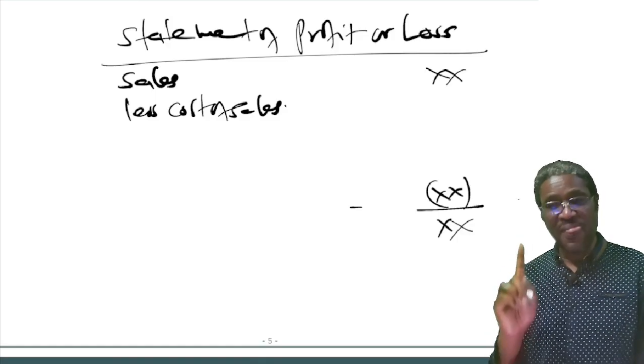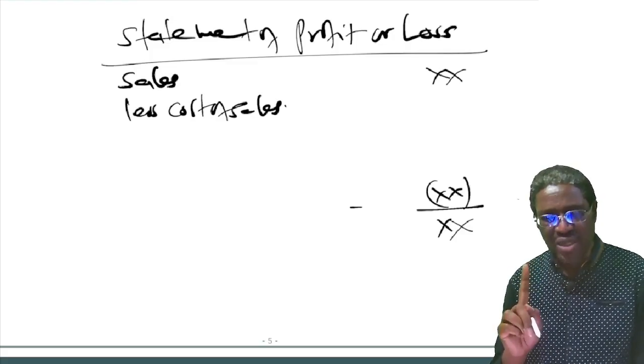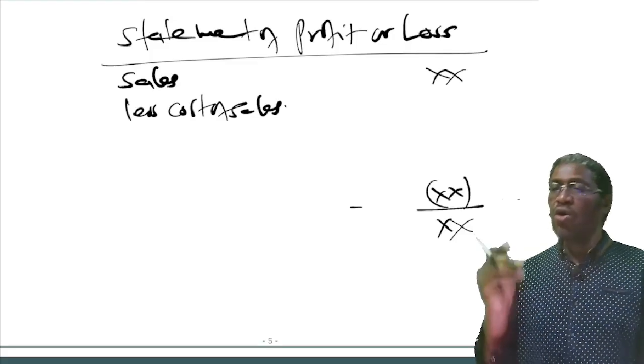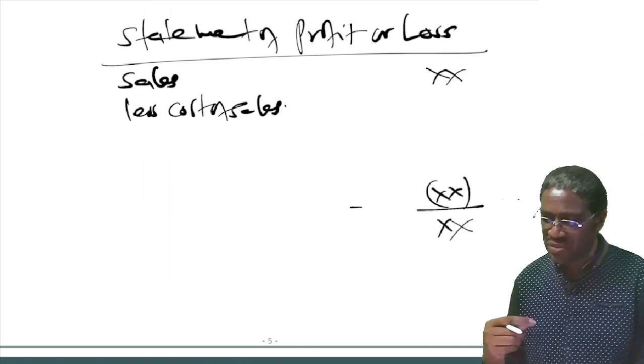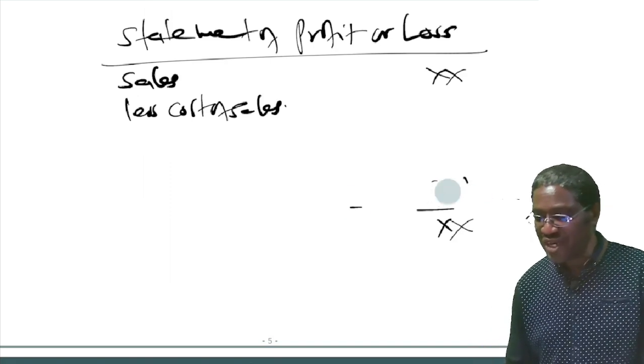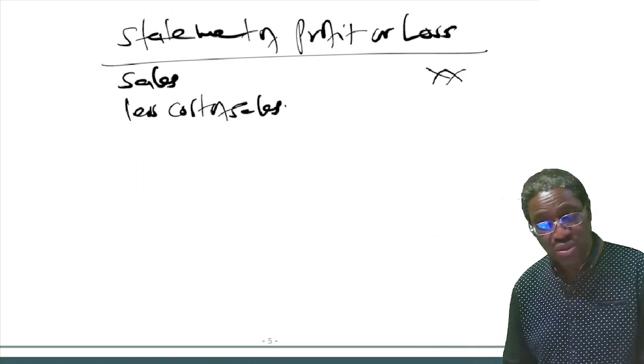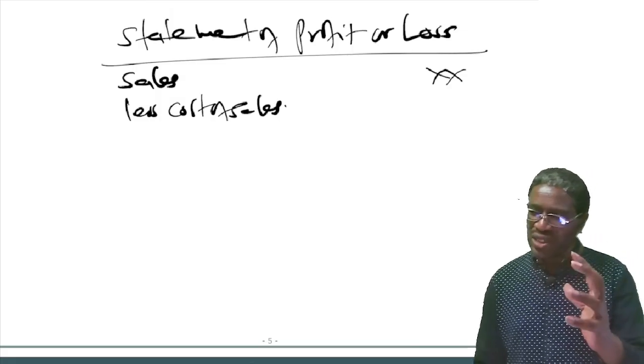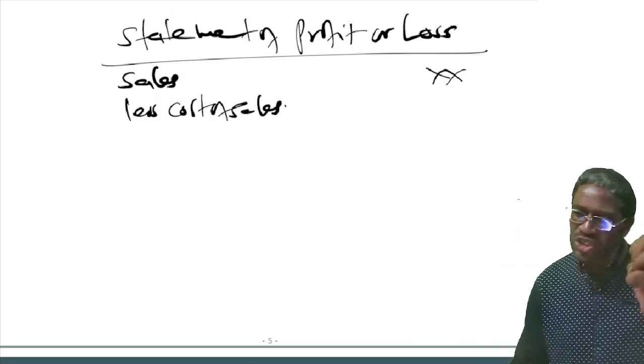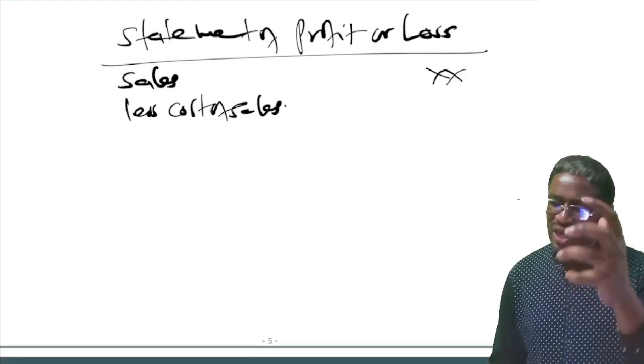Get the point there? You are not supposed to show the workings of the cost of sales on the face of the income statement, the way you used to do it in financial accounting. No. So what you do as a company is do that calculation somewhere and get the cost of sales.